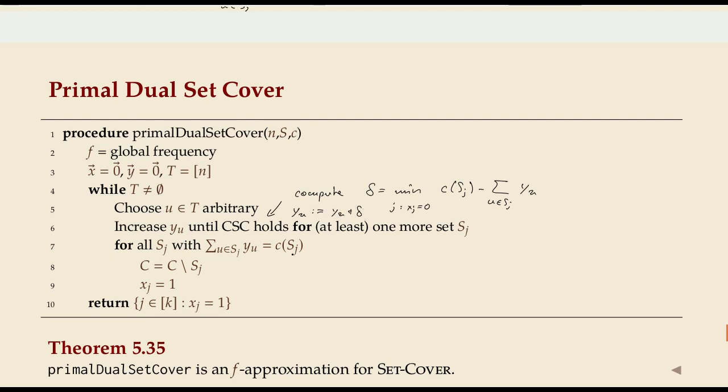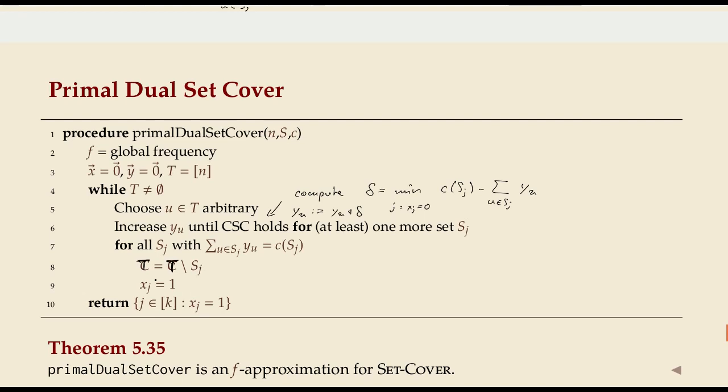Okay, and then here in the simple formulation where you don't use the argmin, you just iterate over all the sets and check if they now fulfill this with equality. And for all that do, we see that that's a T. So we remove from T all the elements in that set because we now cover that one.